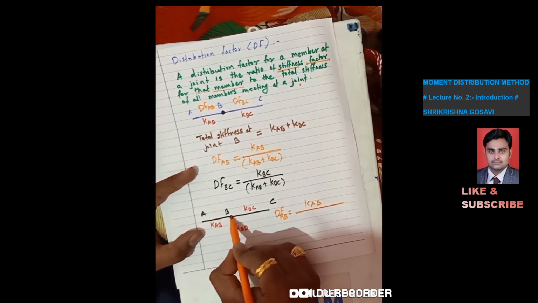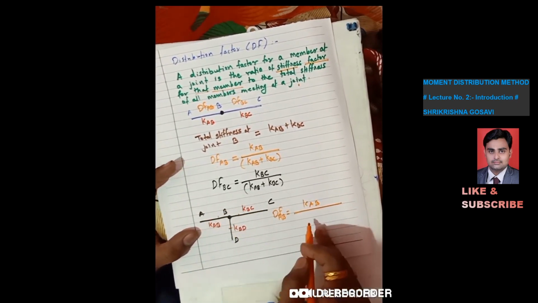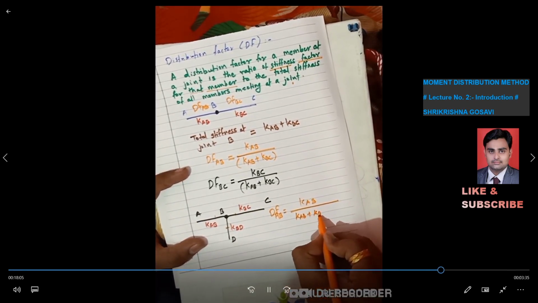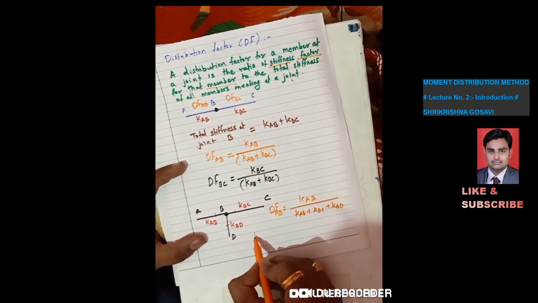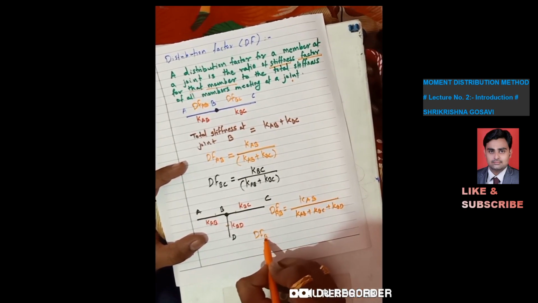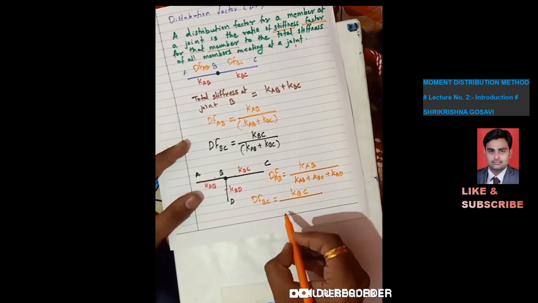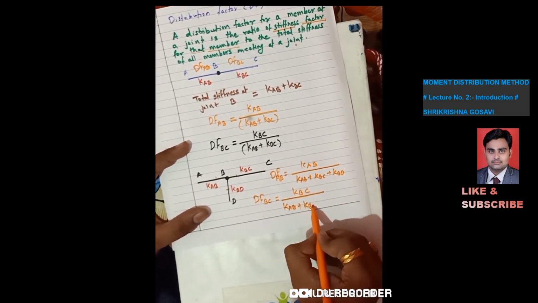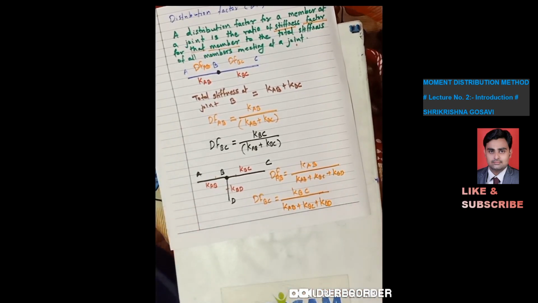At joint B, three members are there, so we take the stiffness of all three: KAB plus KBC plus KBD. Similarly, the distribution factor of BC is KBC divided by KAB plus KBC plus KBD. In this way, we work out the distribution factor.